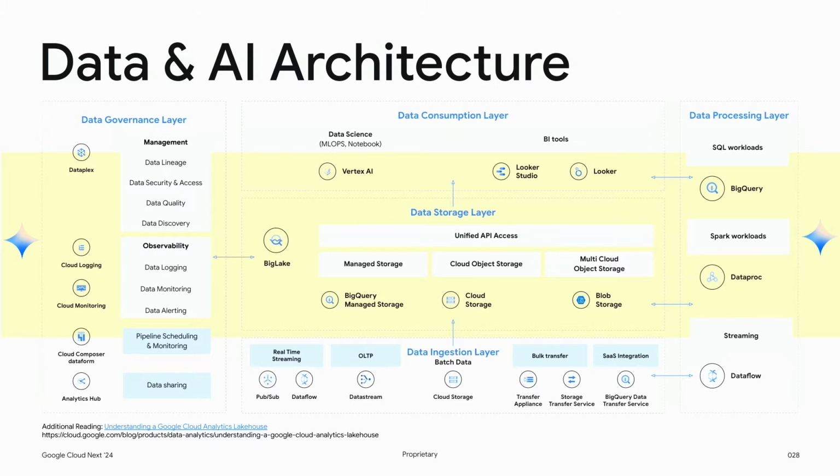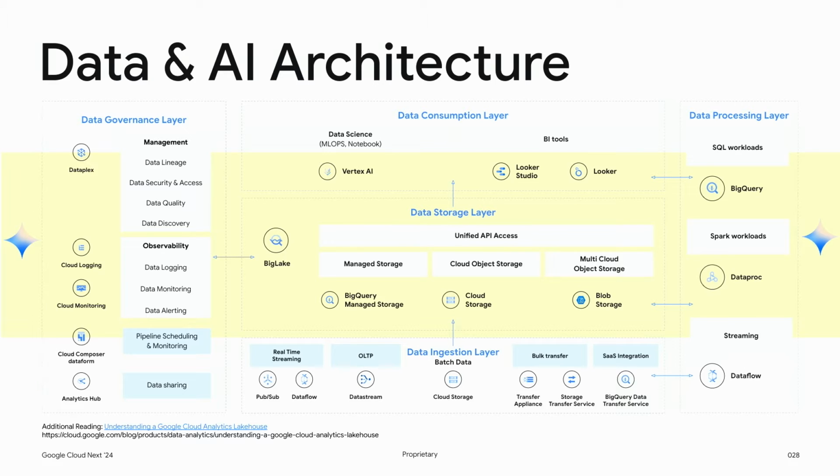Moving up one more layer from there to the data consumption layer, both our advanced machine learning tools like Vertex, as well as our more traditional BI tools like Looker Studio and Looker, are increasingly able to natively read from these data stores that I just mentioned: BigQuery Managed Storage, GCS, our blob stores.